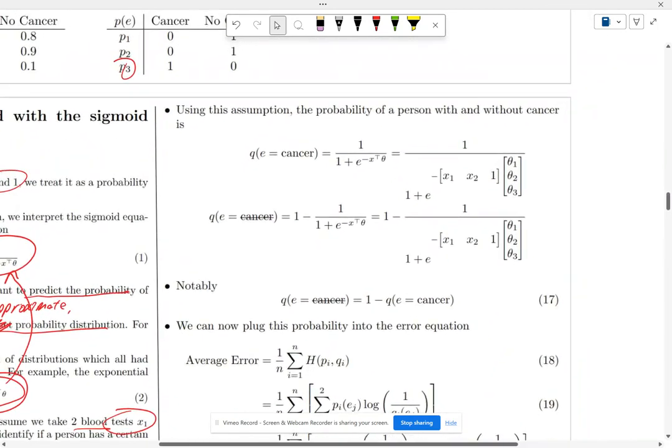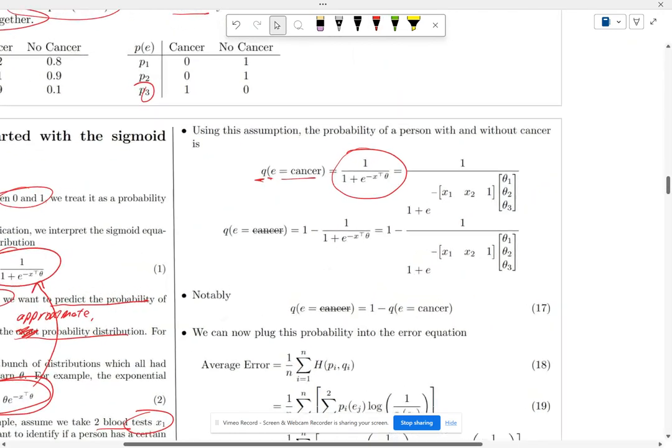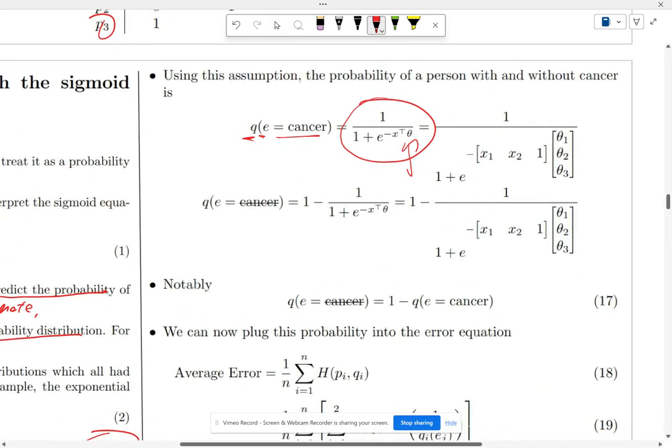Well, the Q event that it is equal to cancer is equal to this. Remember, that was the sigmoid, and we don't know theta.